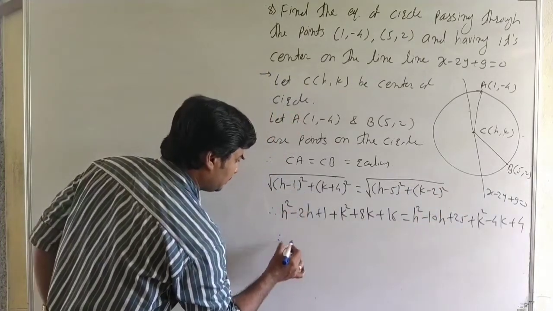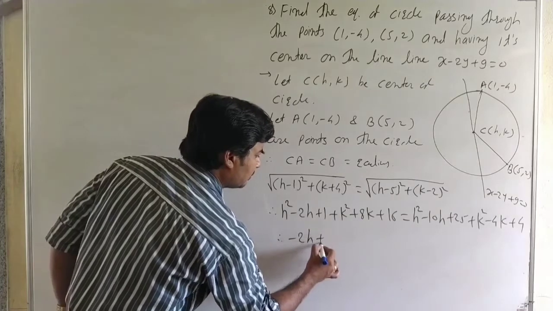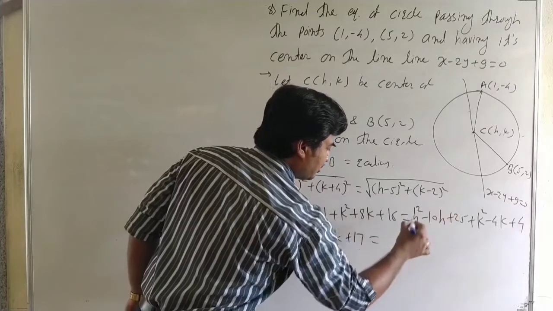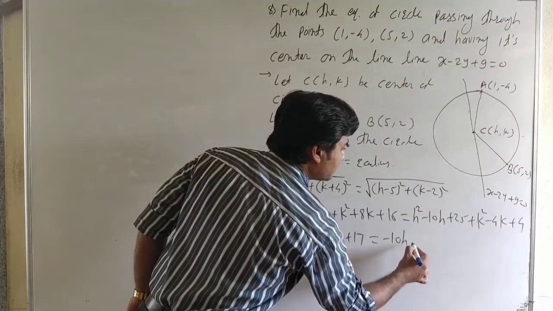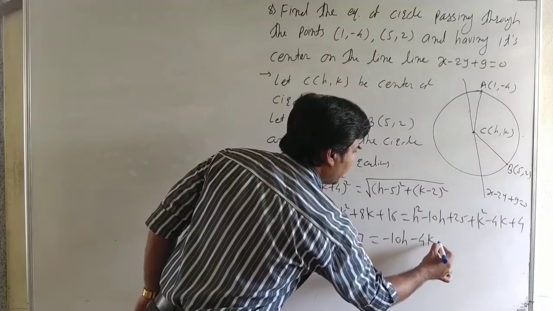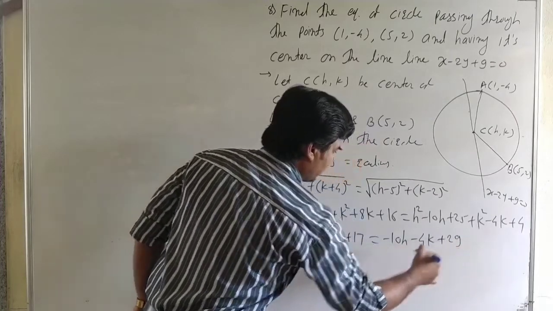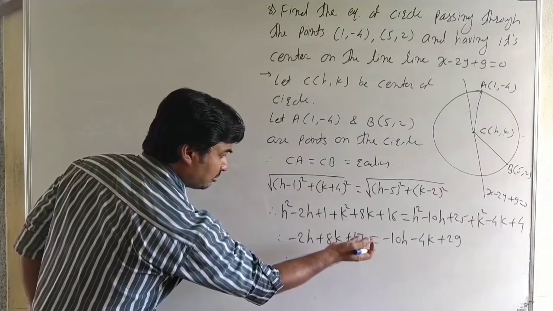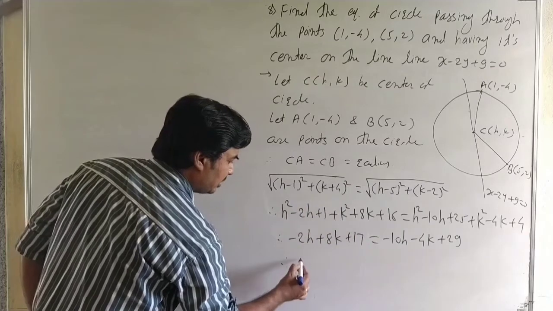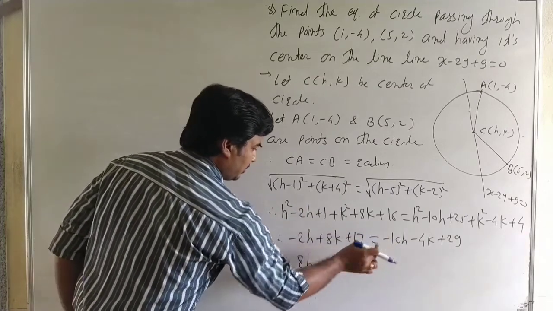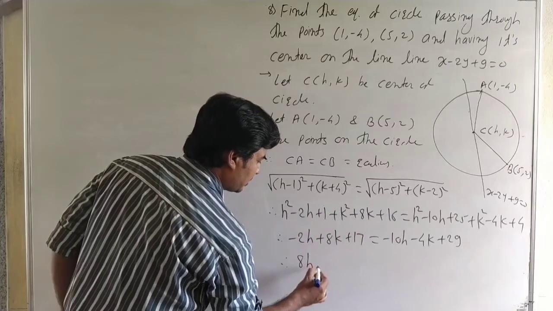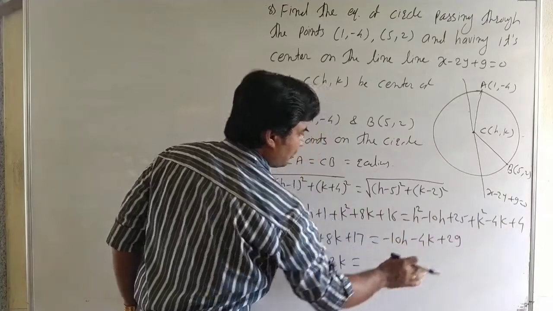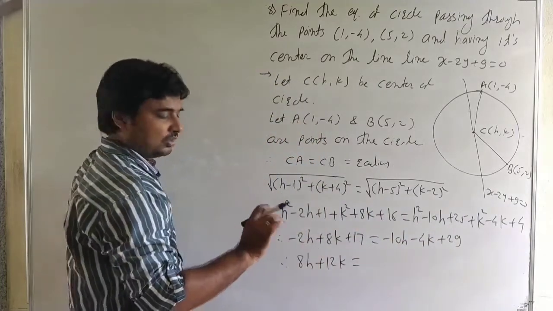Remaining: minus 2h plus 8k plus 17 is equal to minus 10h minus 4k plus 29. See carefully. Now h and k can be written on this side. Minus 10h becomes plus on LHS, therefore it is 8h, and minus 4k becomes plus, therefore plus 12k is equal to 17 becomes minus here, that is 29 minus 17, it is 12.